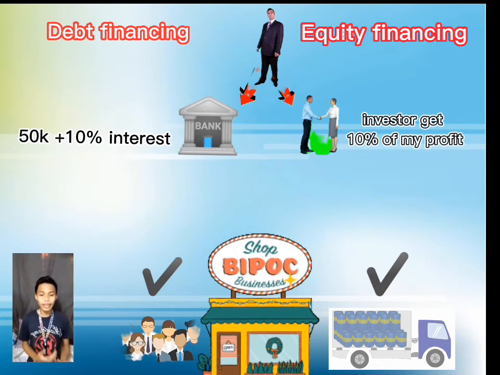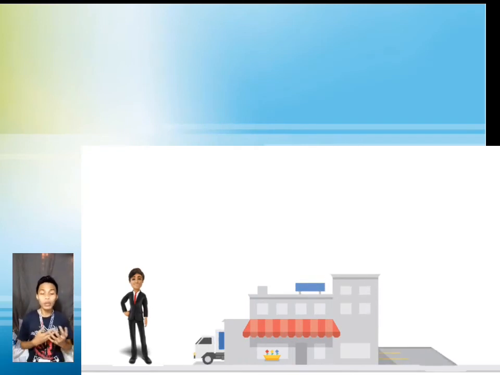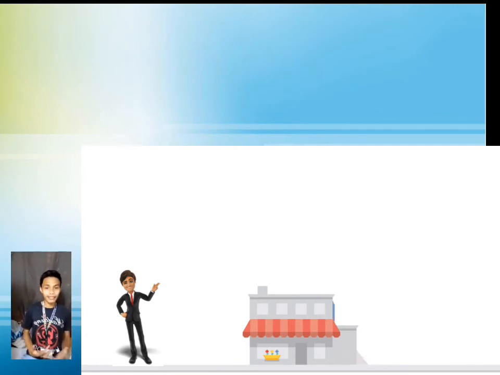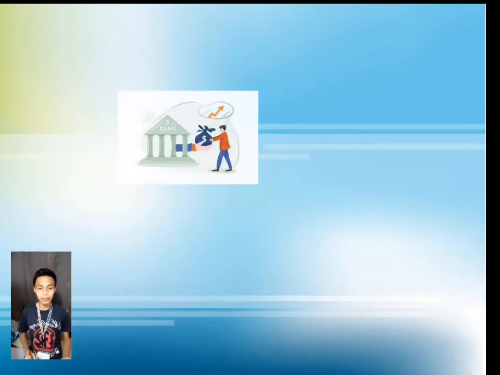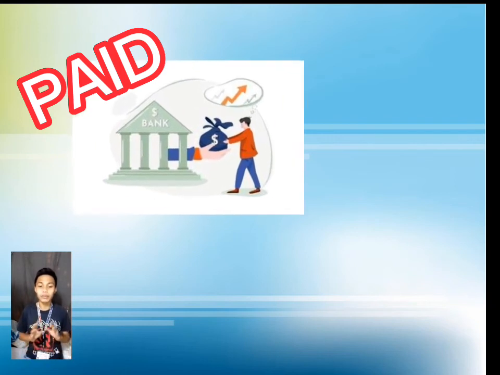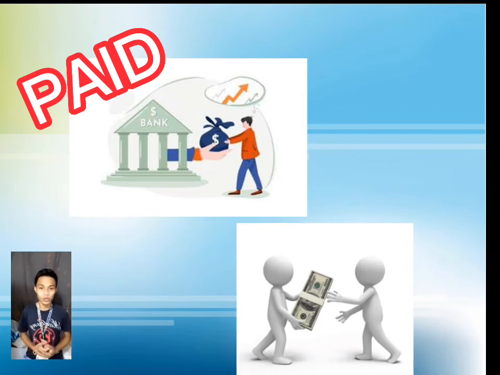With the help of the borrowed money from the bank and the extra money from my investor or friends, I was able to run my business. At the end of a certain period of time, I pay the 50,000 plus 10% interest to the bank and give the additional share to my investors.